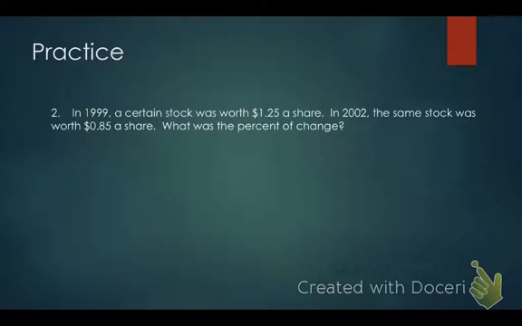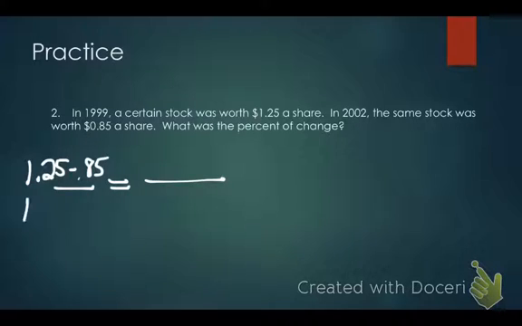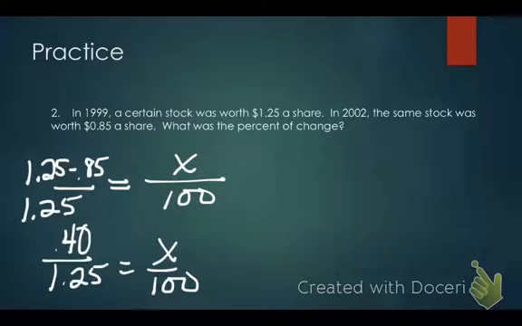In 1999, a certain stock was worth $1.25 a share. In 2002, the same stock was worth 85 cents a share. What was the percent of change? Again, I've got to figure out how much it fluctuates in cost. So $1.25 minus 85 cents over what it was originally, which was $1.25, equals x out of 100. When I subtract, I get 40 cents over $1.25 equals x over 100.